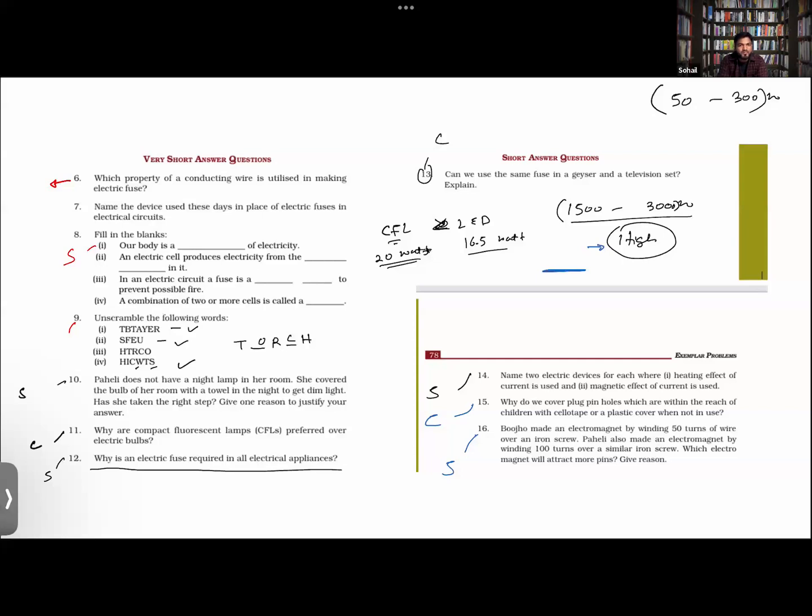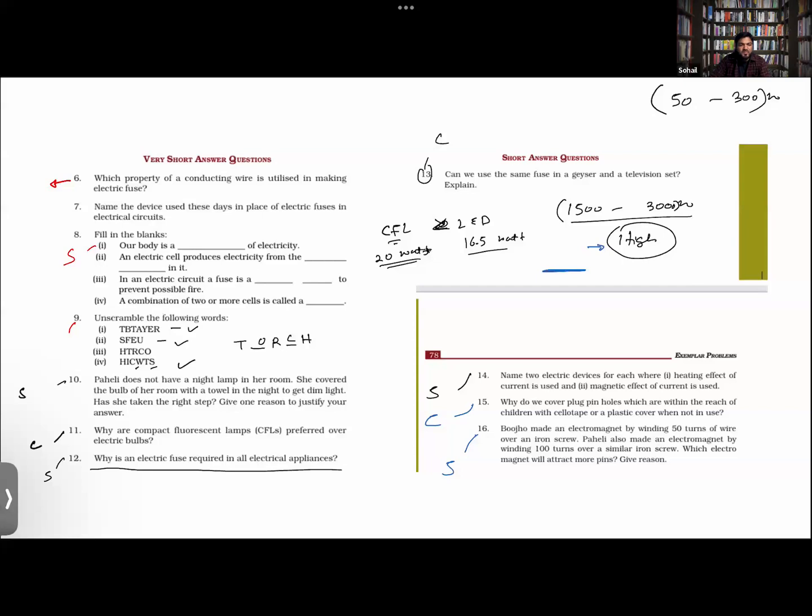Also, it's for electrical safety, sir. Because if we insert any objects into the electrical outlets, it can lead to electrical shock or other electrical dangers. Exactly.